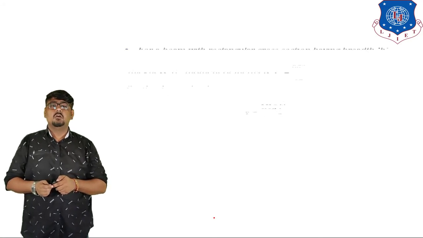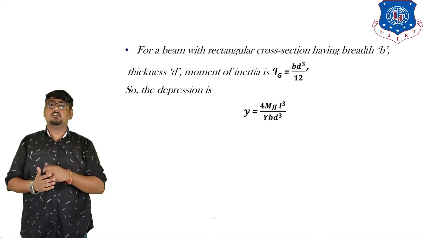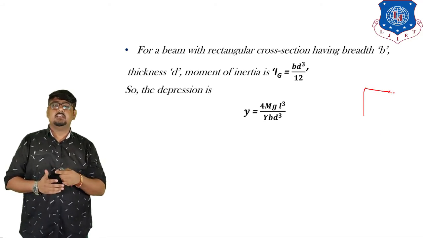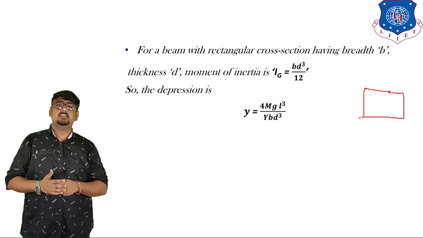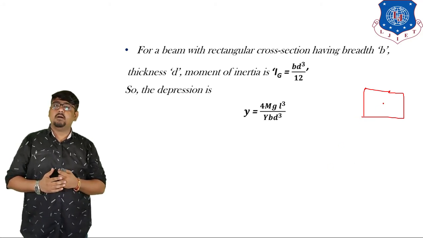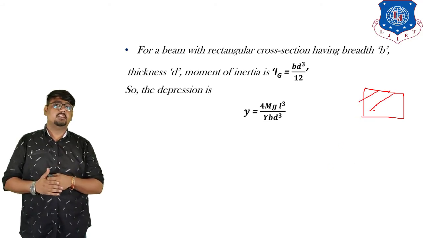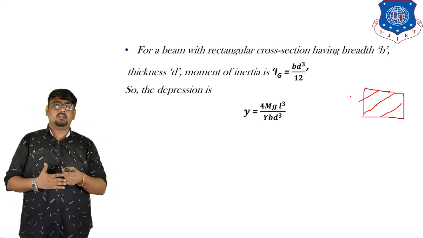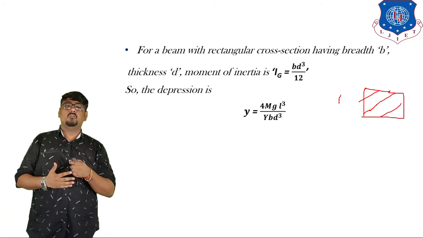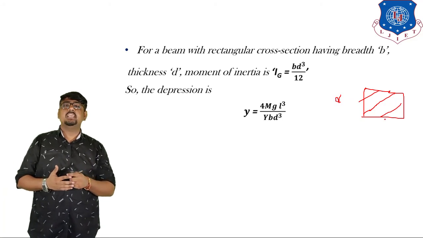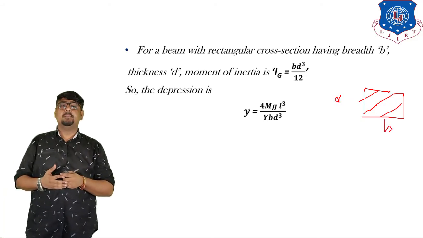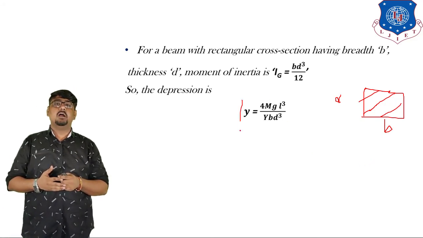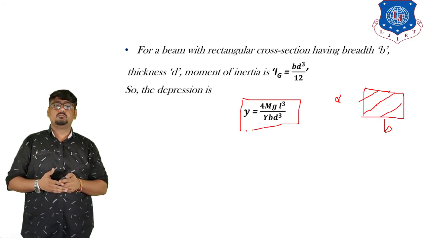Now, for a beam with a rectangular cross section, with breadth b and thickness d, its moment of inertia Ig becomes bd cube by 12. You might know it very well. The moment of inertia depends on the geometry of the section. So the depression is y equals mg L cube by Y bd cube.